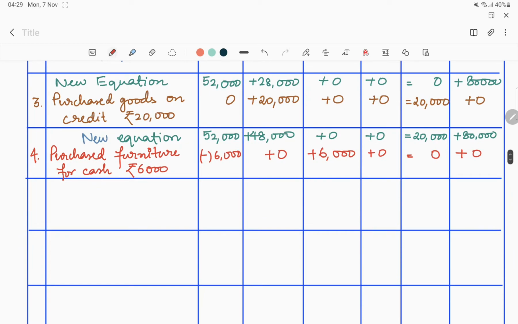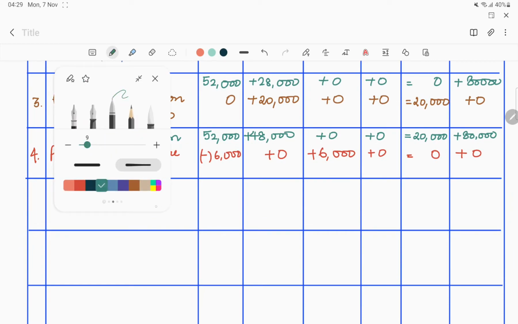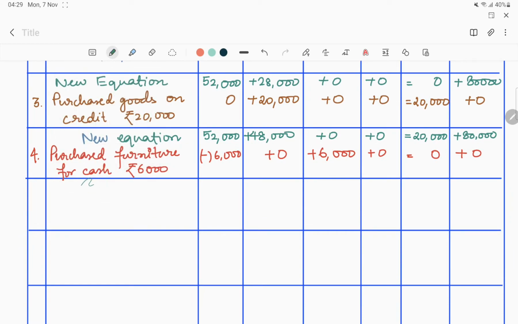So after this transaction we are going to write the new equation. In the new equation, what we have to do is just add the previous two rows. So 52,000 minus 6,000 will come as 46,000. Next 48,000.